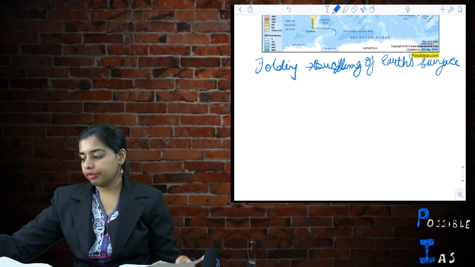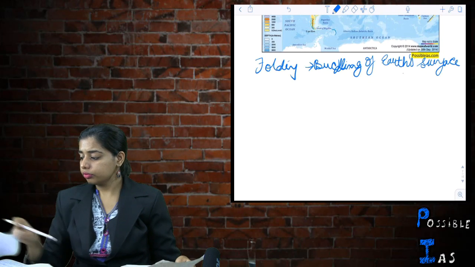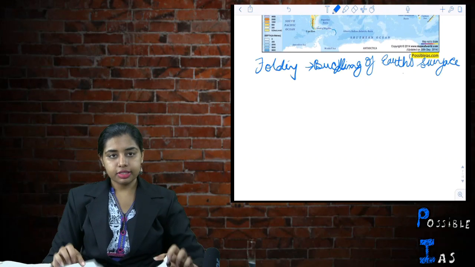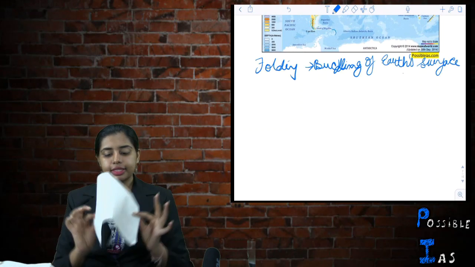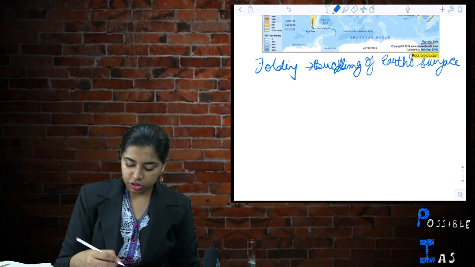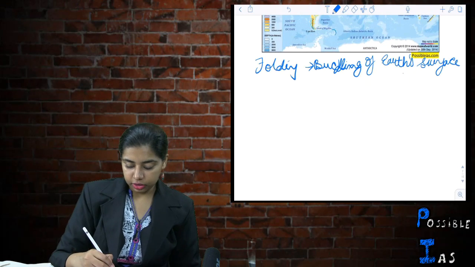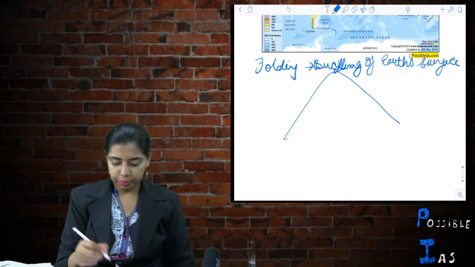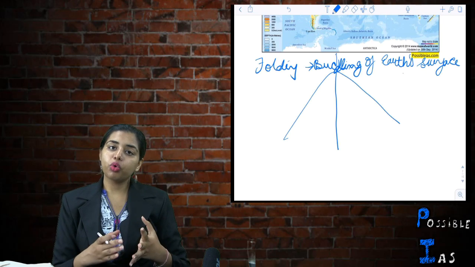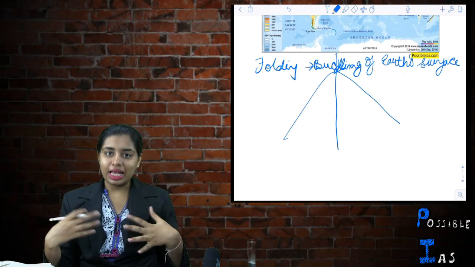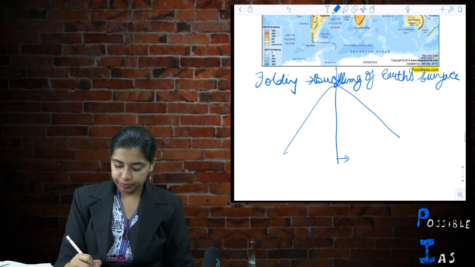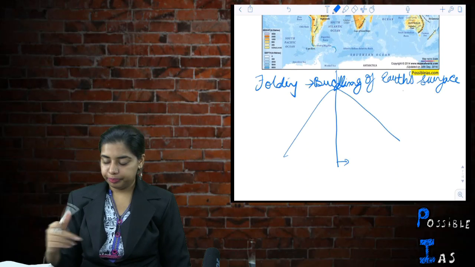So the first thing that we are going to study is the different types of folds that are formed. So when the Earth buckles, it can buckle like this. Okay. So now in the terminology for folding, suppose this is an example of a typical fold. So this plane which tries to divide a fold into two parts which are as symmetrical as possible, that is known as the axial plane.